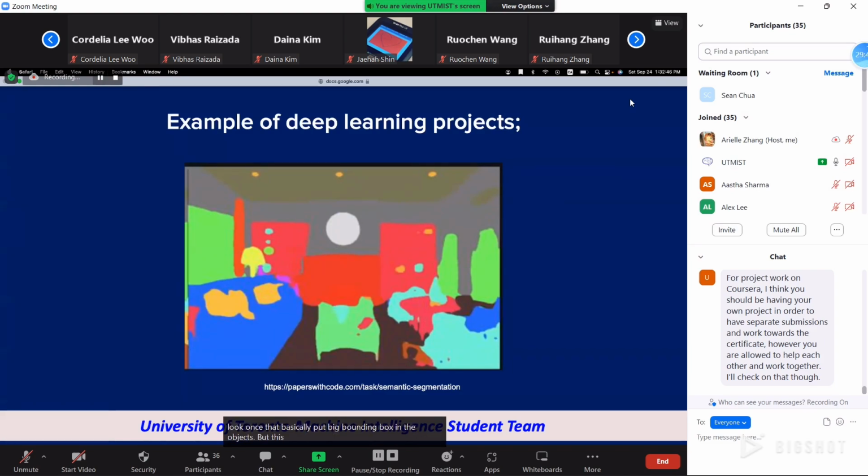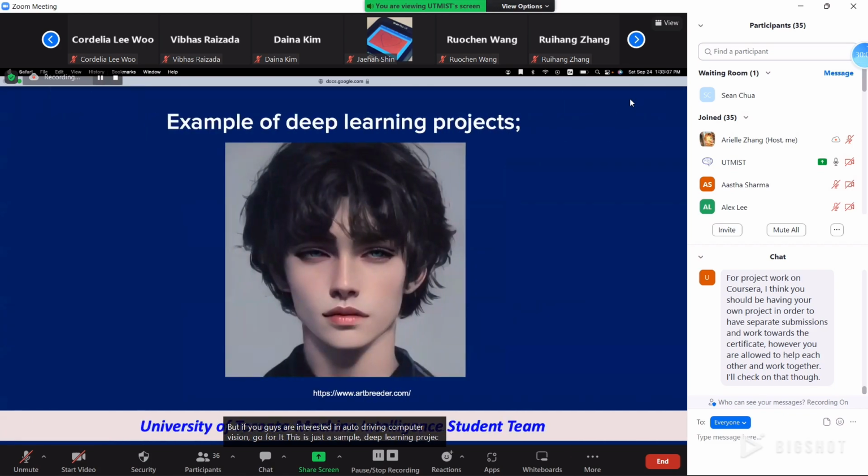But this is precise to the pixel level, so it's far more precise and far more interesting than that, and far more difficult. If you are interested in self-driving and computer vision, go for it. This is just a sample deep learning project.